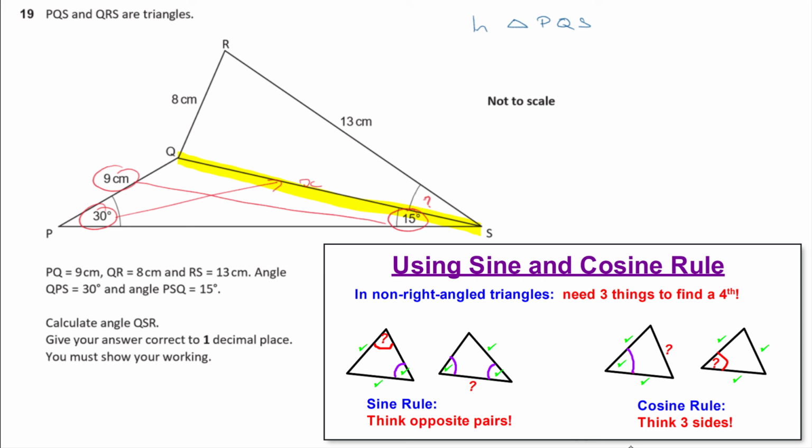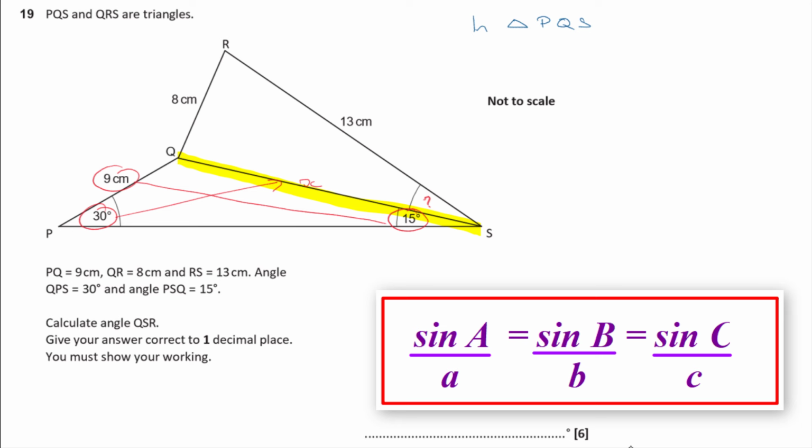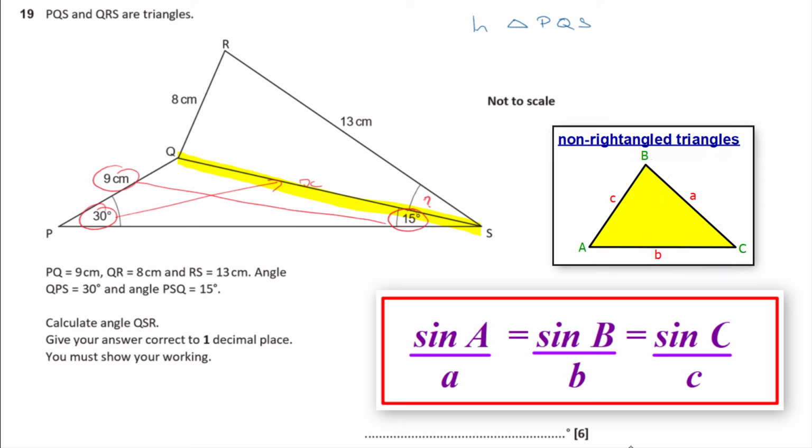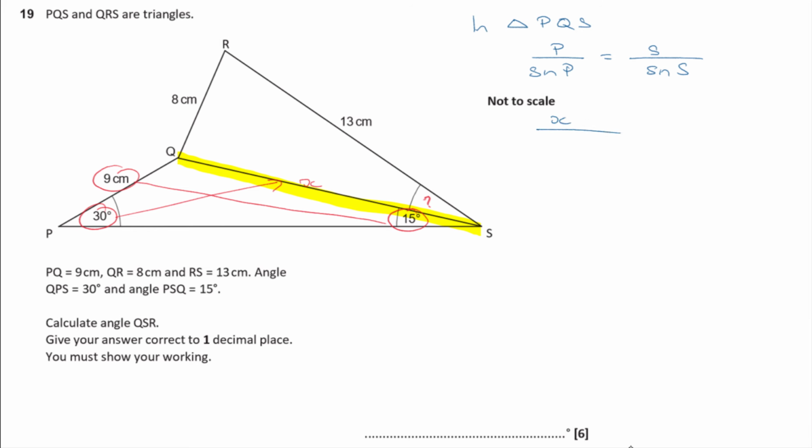I know it's the sine rule because the sine rule is about opposite pairs, so I'm looking for two pairs of sides and angles that go together, which I've got here. Now I want to find the side, so I'm going to write the sine rule down with the thing I want to find on the top, which is the side. So I want P over sine P is equal to S over sine S. P is the side opposite angle P, which we know is X. Sine P is sine 30.